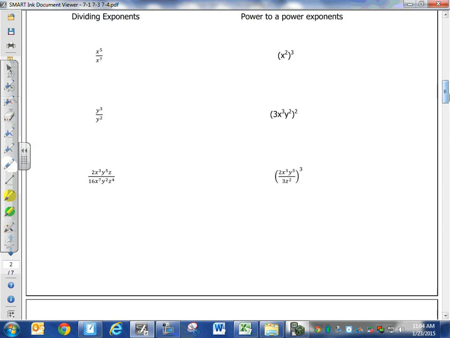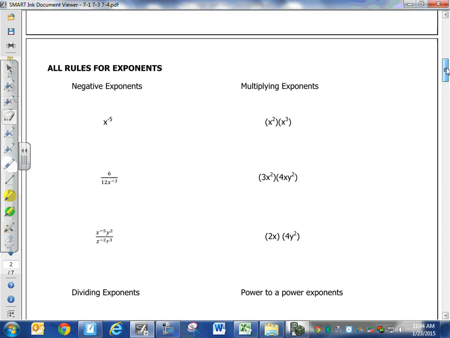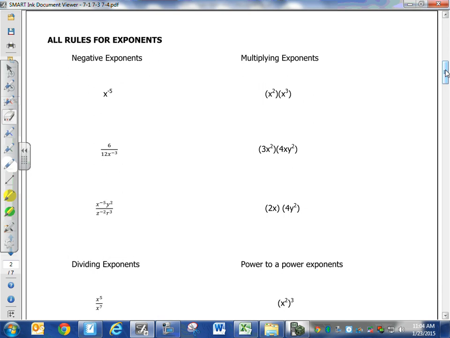There's your rule that you just discovered and that you can continue to discover by writing things out. Add exponents of your like kind of variables.